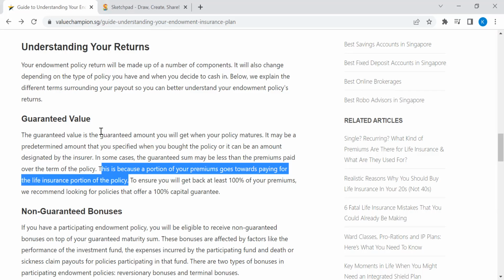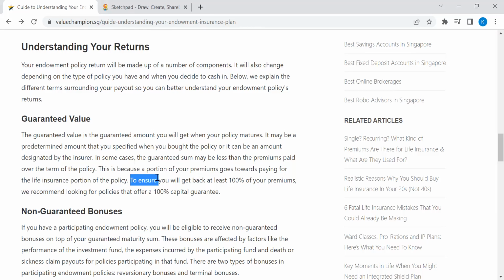Because you usually have two kinds of return in your plan. You have the guaranteed portion and the non-guaranteed portion, right? So if you are expecting a higher share of the profit for the non-guaranteed portion, be prepared that the guaranteed portion will not be as good. Because otherwise the insurance company will be losing money.